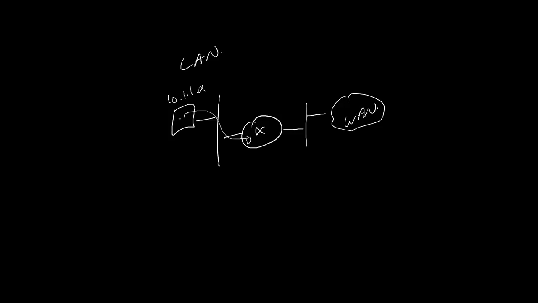So the person sitting on the other side of this server, whatever the case may be, sees only this IP address with a port, and he responds to that. So one challenge for the server is you cannot have a 10.1.1 address on the inside. So how do you solve this?